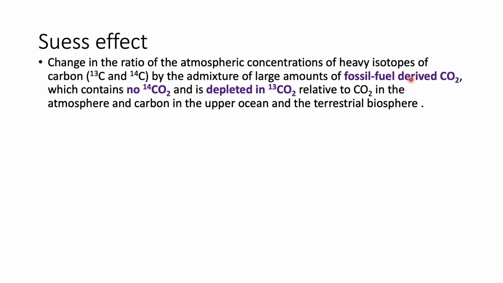derived carbon dioxide. The comparison is that fossil fuel derived carbon dioxide has no carbon 14 CO2, and it also has less carbon 13 CO2 relative to carbon dioxide in the atmosphere, the natural or biogenic one, and carbon in the upper ocean and terrestrial biosphere.